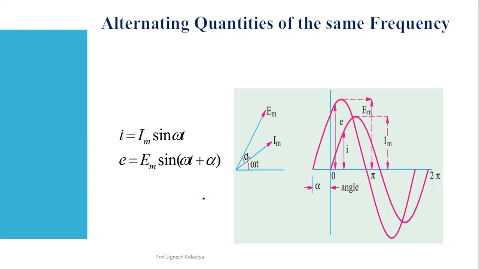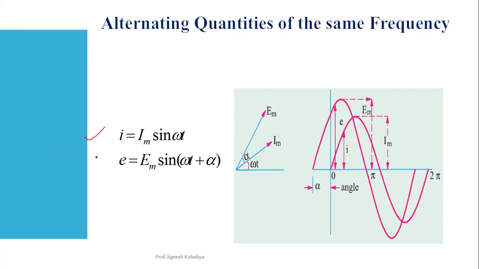Now, alternating quantities of the same frequency. So if you see, we have two different quantities. First is I equal to Im sine omega t, that is current.